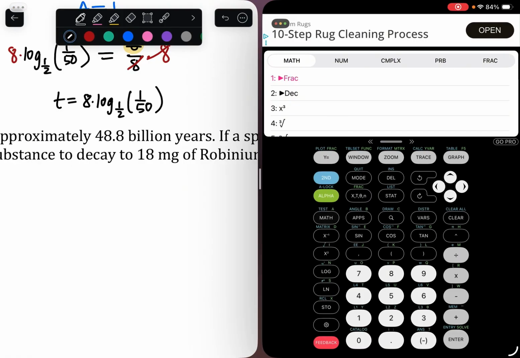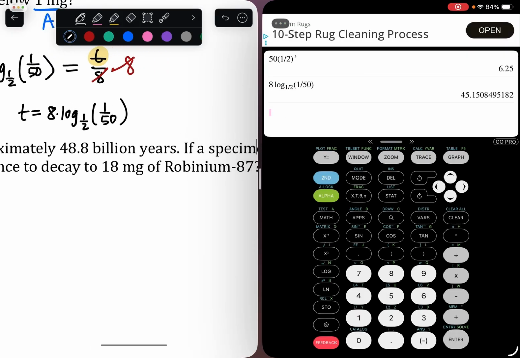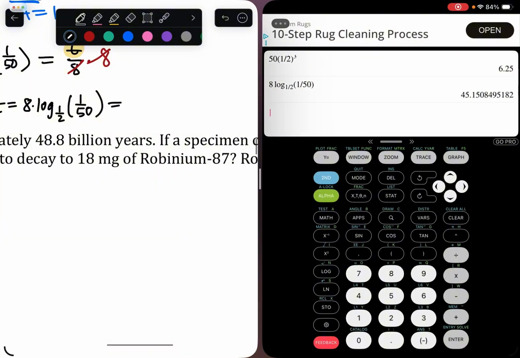Math, Alpha, Math, 1/2 is the base. You can do 0.5 if you want to. 1 over 1 over 50. And so that gives me 45.15 years.